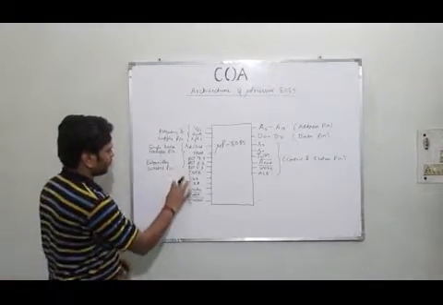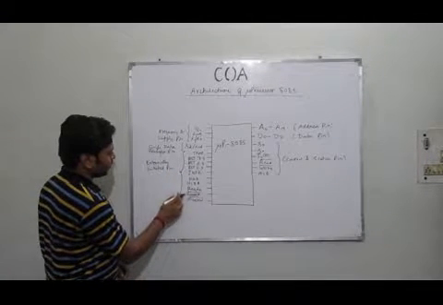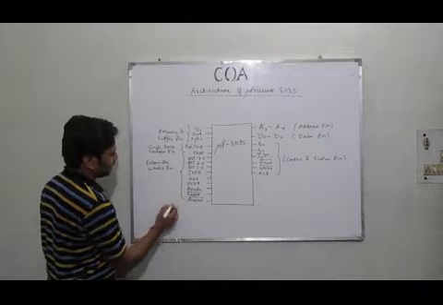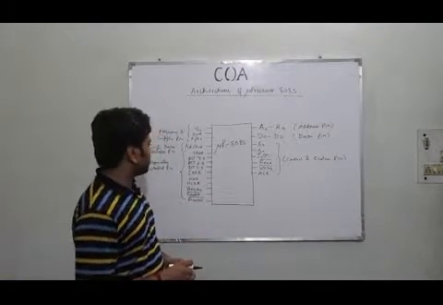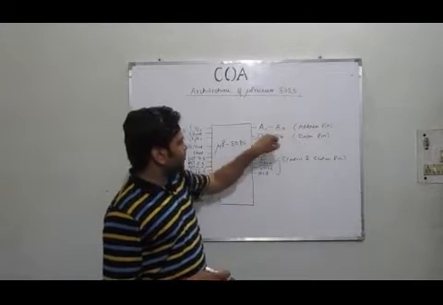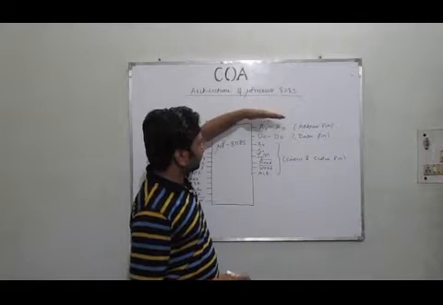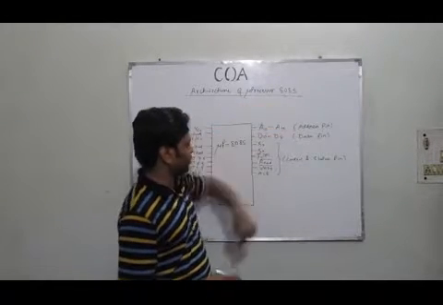All these are very important pins that we have to consider. Let us now get into the details of these pins, starting with the address pin, which consists of 16 pins, that is from A0 to A15.